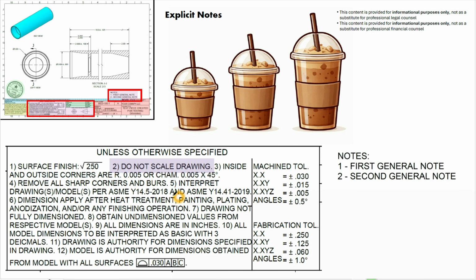Okay, next. Do not scale drawing. Just because I have a certain ratio of dimensions pointed out here doesn't mean that if you just make it bigger, it will work for a bigger system. Or if you shrink it, it will still work the same way. Now, for a cup, a sippy cup or a coffee cup, these things might be true.